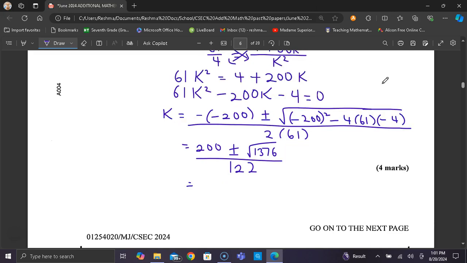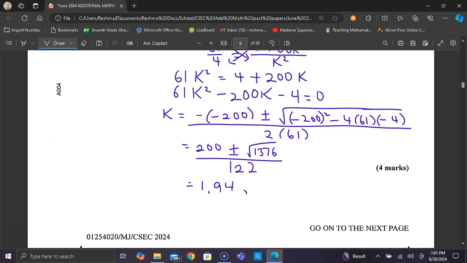Okay, so let's plug this in directly into our calculator. So 200 plus the square root of 1376, and then we divide that by 122, so we get 1.94. They didn't tell us how many decimal places, so I'll just use 2.